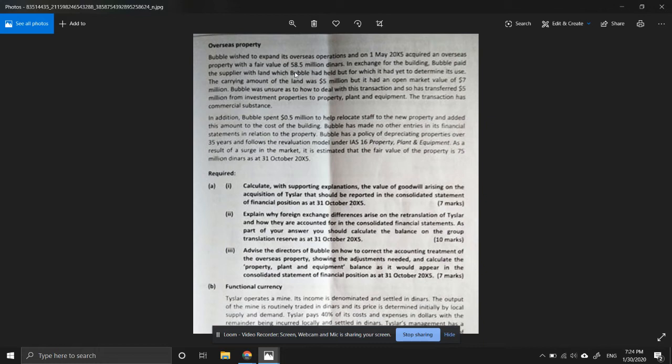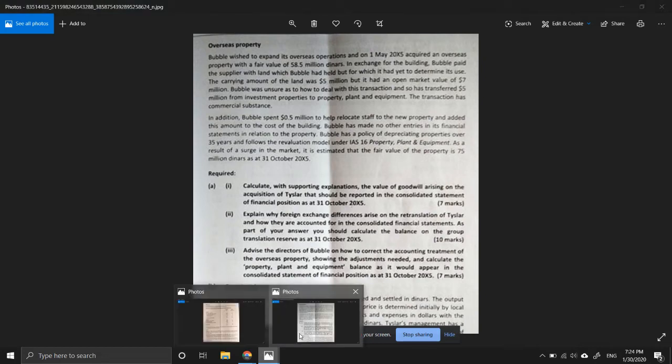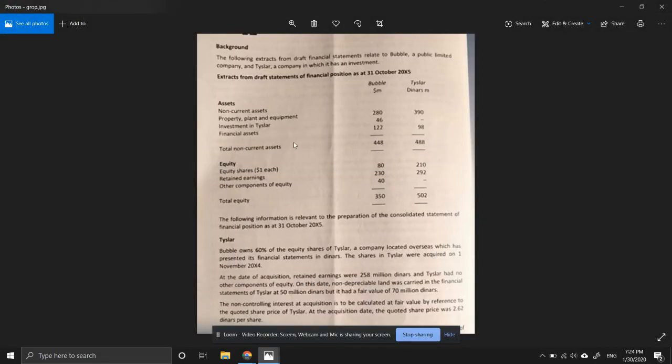Bubble paid the supplier with land which Bubble had held for, but it had yet to determine its use. So does it say anything about land in this? It does not say anything about land, okay.